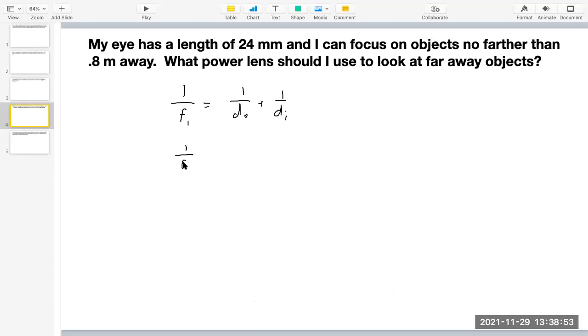So 1 over the focal length of my eye on its own is going to be 1 over the image distance, 0.024 meters, plus 1 over the object distance. So the focal length of my eye on its own is 0.0233 meters.